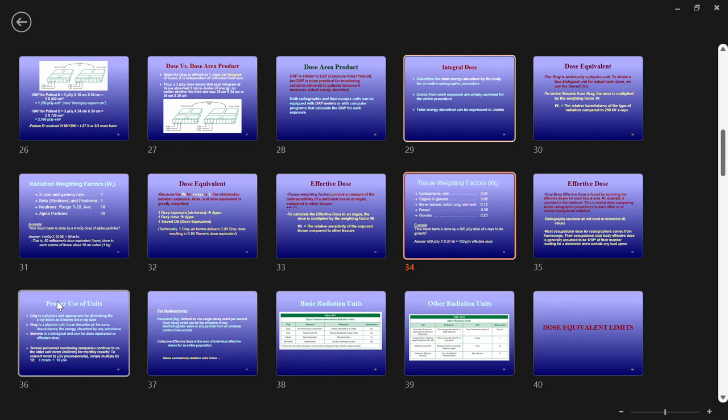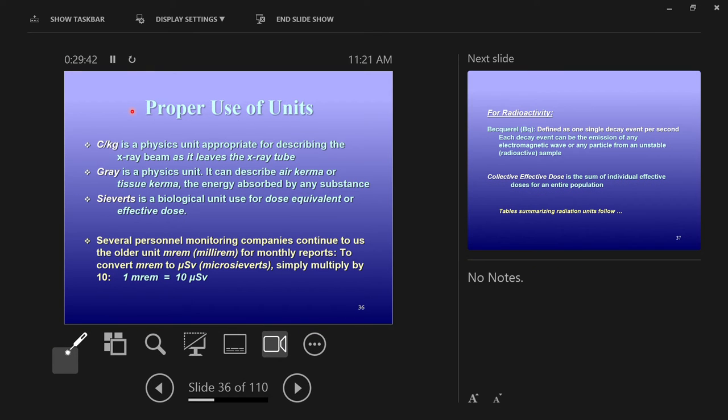Okay, so let's round out what we just said and move on to the next section. So proper use of these units: Coulomb per kilogram for exposure, it's a physics unit. It's appropriate for describing the intensity of the X-ray beam as it leaves the X-ray tube. So if you're a radiation physicist measuring X-ray equipment, you're probably going to use Coulomb per kilogram to measure ionization as the X-ray beam exits the tube, making sure the equipment's working right.